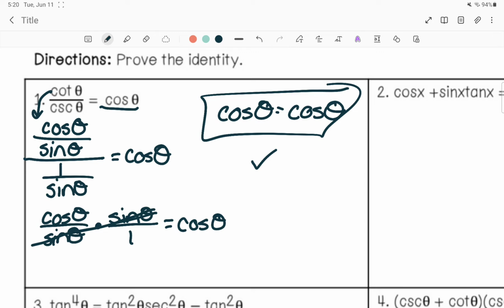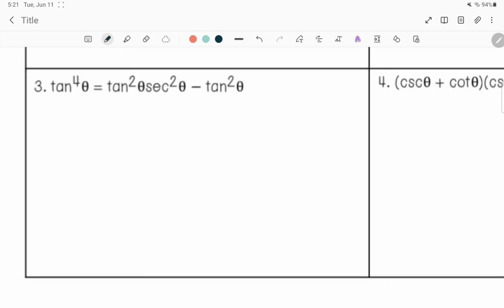All right, let's skip down to number 3. This time I'm going to keep what is on the left as it is. So this tangent to the 4th theta is equal to, right now, tangent squared theta times secant squared theta minus tangent squared theta.